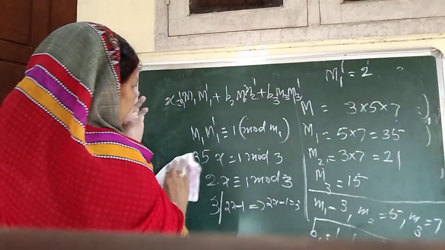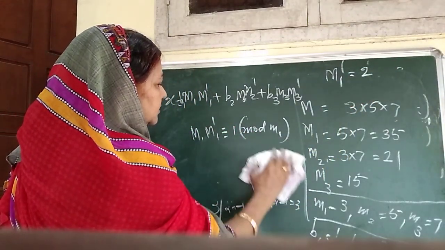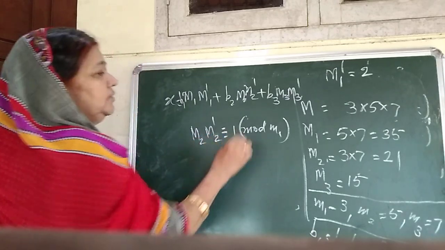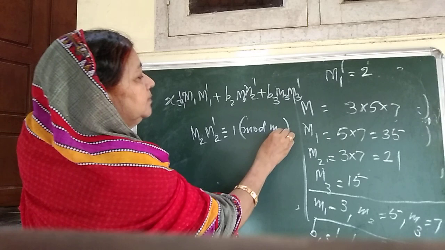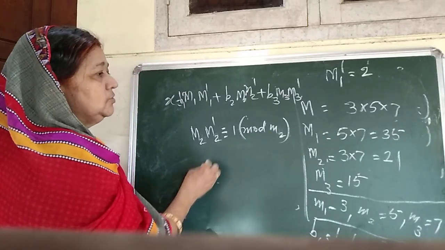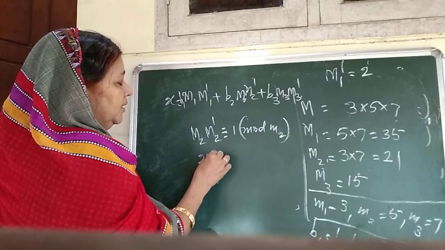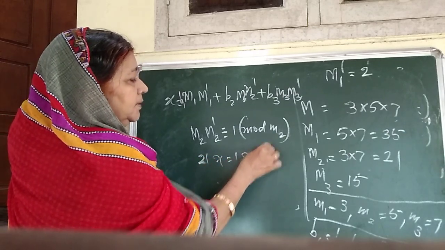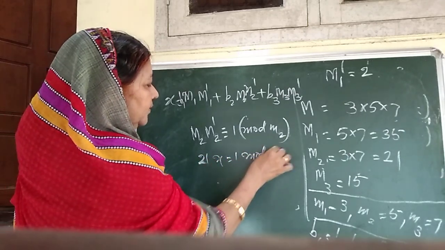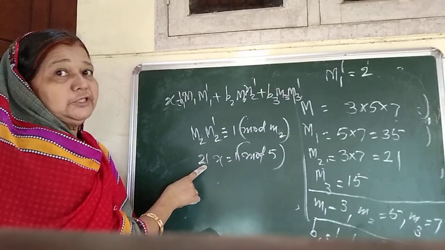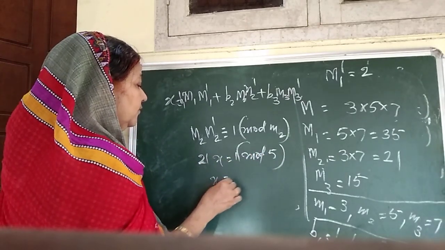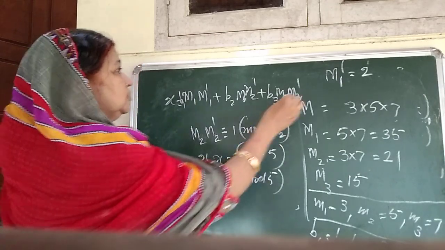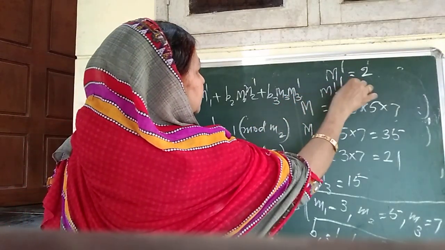Similarly, we can find M2 dash. M2 dash is 1 mod m2. That is, M2 is 21, so 21x is congruent to 1 mod m2. Small m2 is 5. We know 21 is 20 plus 1. So x is congruent to 1 mod 5. That is, M2 dash equal to say 1.